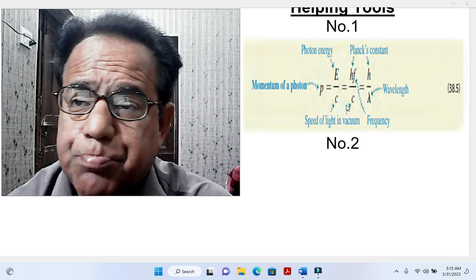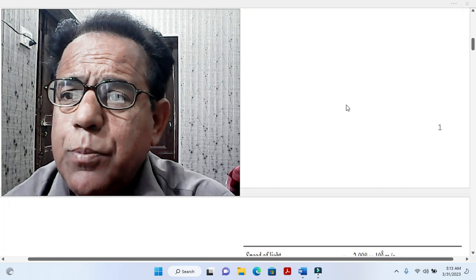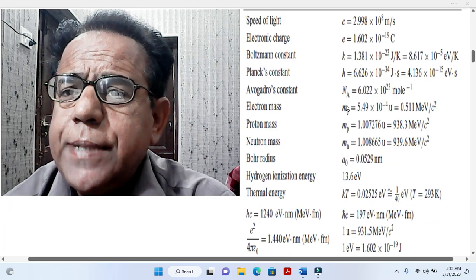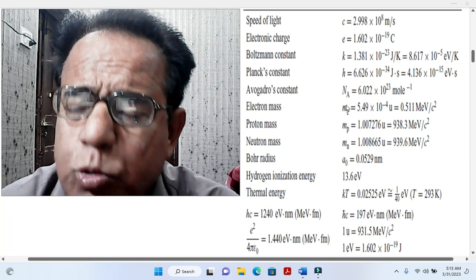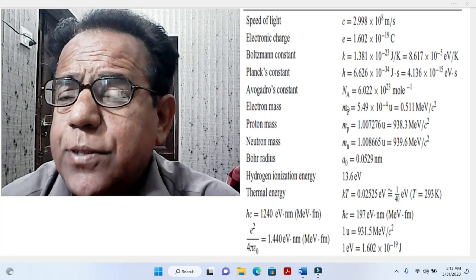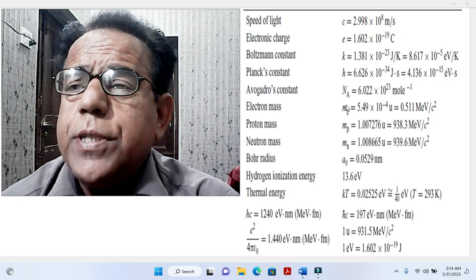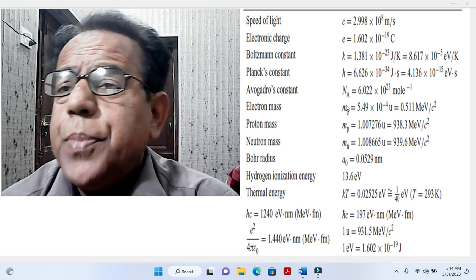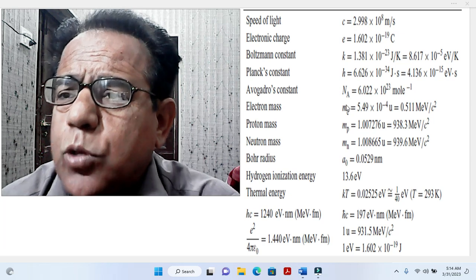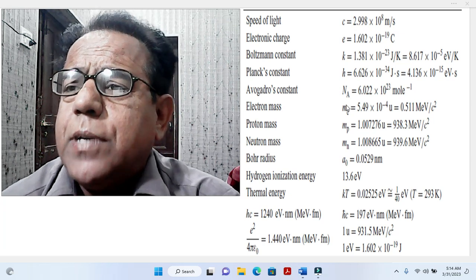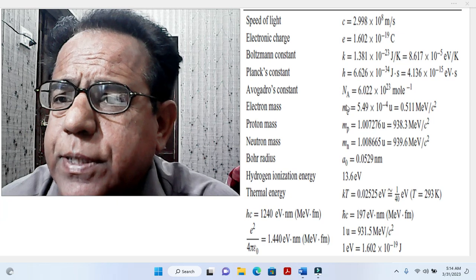Now we come to the second tool. This tool has once again been shown so many times that there is almost no need to discuss it anymore. However, in this table, the speed of light is relevant, Planck's constant h is relevant, which is given in two different systems of units.